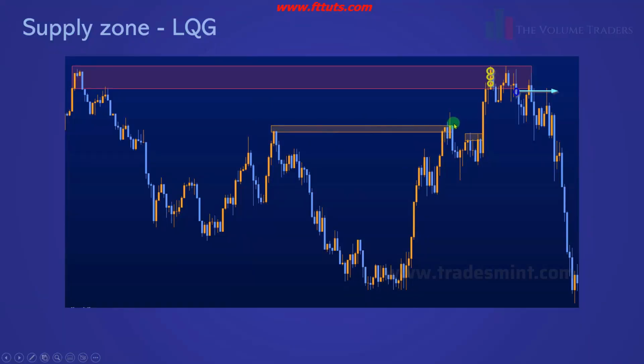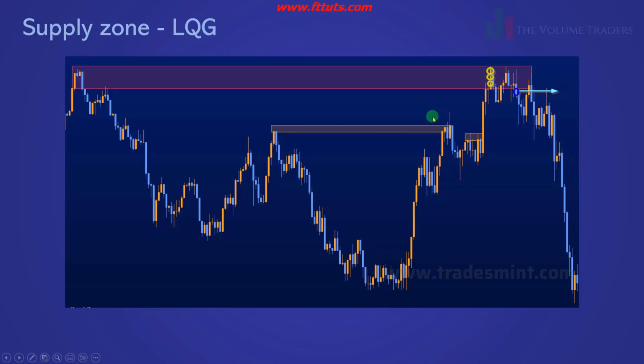Imagine that you are a beginner and you see such a bearish candle here, a nice rejection. In my opinion, there's a high probability it could be a sign to join the sellers, because we have resistance, double top, rejection, bearish move. Okay, I'm in, I'm placing my stop loss above.